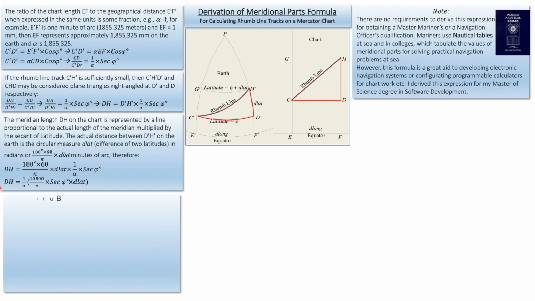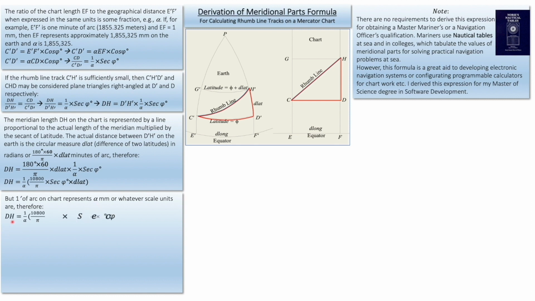Note that this expression is showing the value in nautical miles because we substituted the values of D lat for D prime H prime. But 1 minute of arc on a chart represents alpha millimeters, or whatever the scale units are. Therefore, we can multiply that expression by the scale of the chart. Here alpha and alpha cancel out, and the expression becomes independent of any units of the chart.